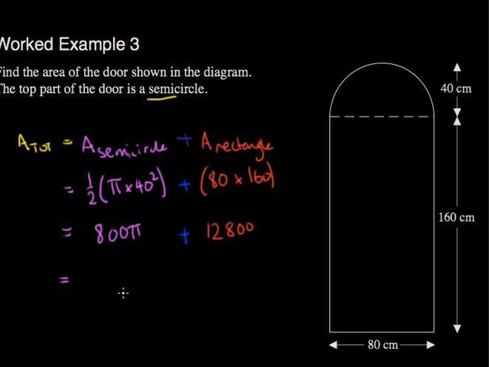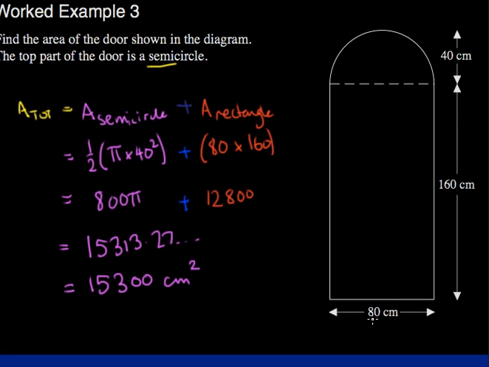So then I would add 800 pi to that to find that the total area is 15,313.27 and so on, which I will write as 15,300, and the units here would be centimeters squared. Right, have a go at the exercises.